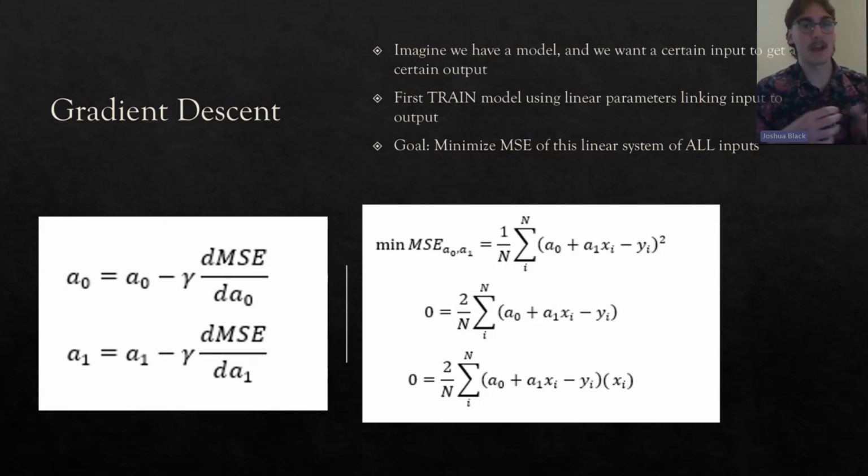Now, after I find the correct combination of A values and A naught values, I'm going to test my machine learning algorithm. This is where the testing data set comes in. We trained it, and we got these correct weight values, these A values, from training it using that regression model. Now we're going to test it under a different set of inputs and outputs.